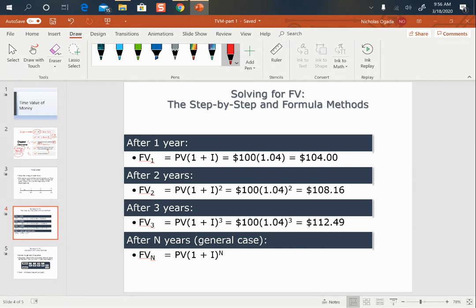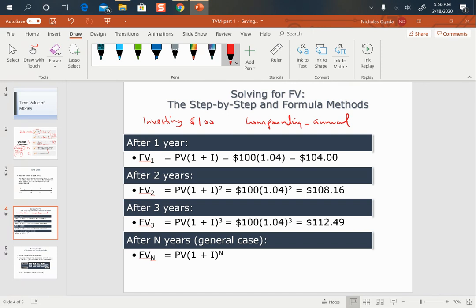So in this example, you're doing an investment. You are investing $100, and this is being compounded on a yearly basis. So if the compounding is on an annual basis, that's our discussion here.